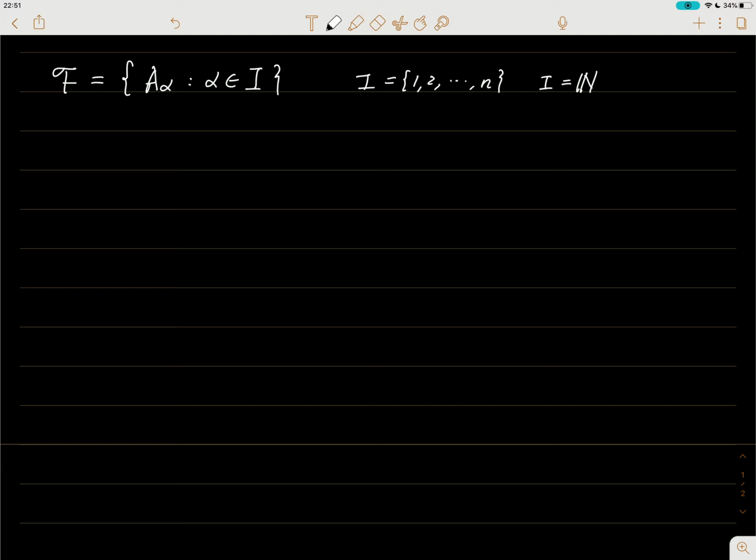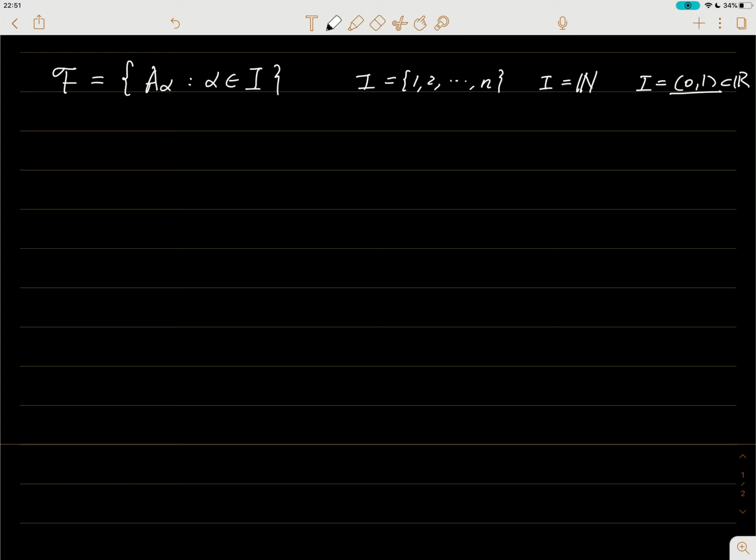But there's also the case that I is uncountable. We'll talk about the meaning of uncountable later. Here, it just means that I could be, for example, the interval from 0 to 1. This is actually an uncountable set. So a collection of sets could be written in this way.